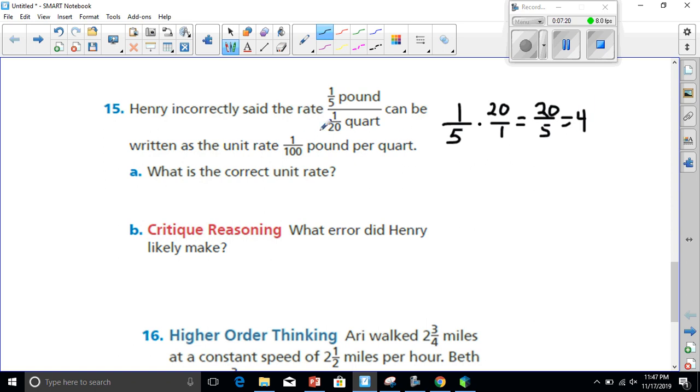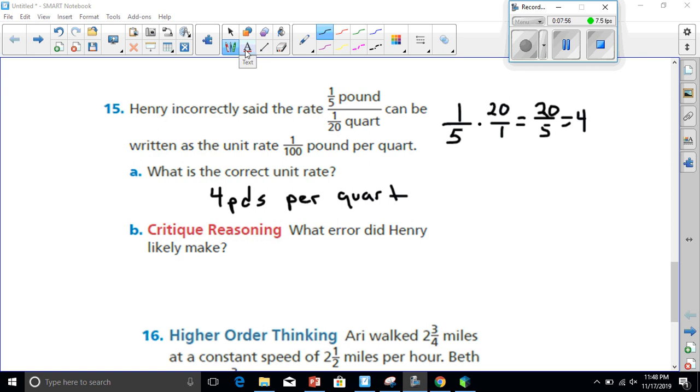So what is the correct rate? 4 pounds per quart, right? 4 pounds. What error did Henry likely make? Well, since 20 times 5 is 100, I'm thinking he forgot to flip the second fraction upside down.